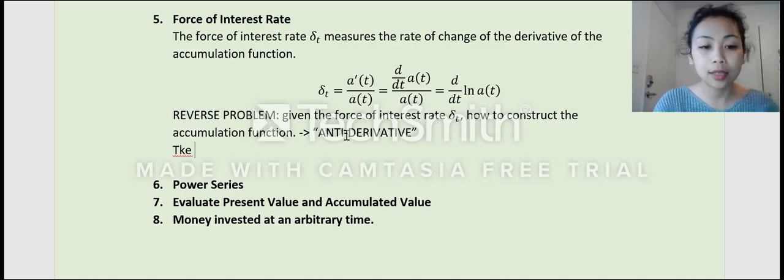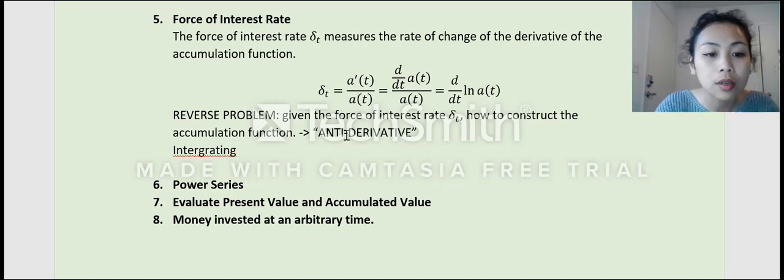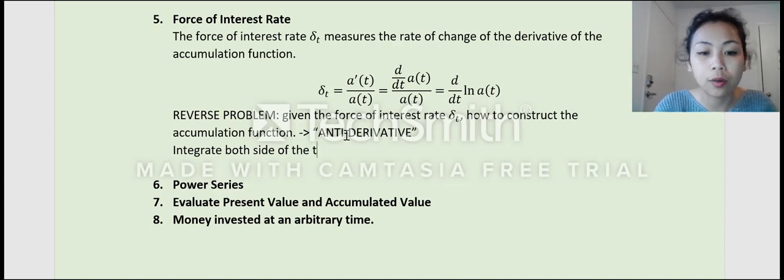So I integrate both sides of the above equation.